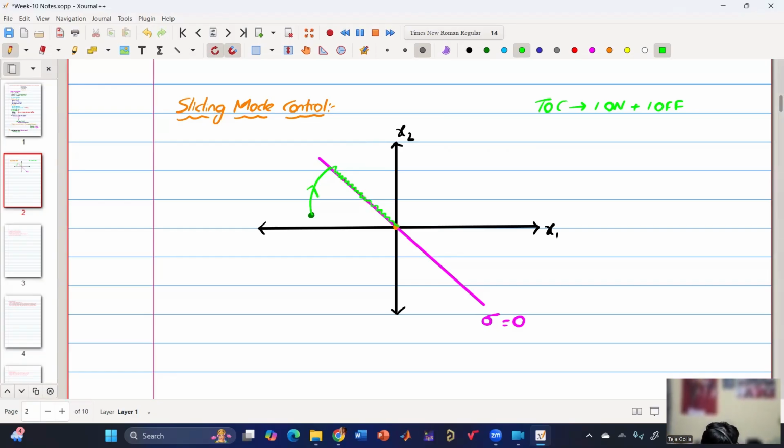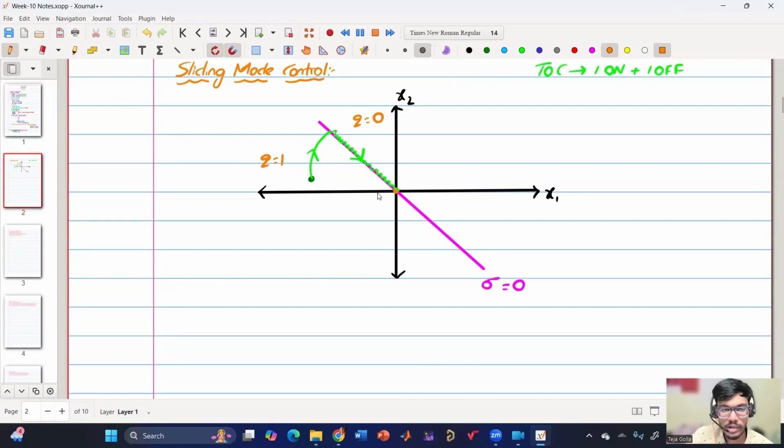So this is the direction. I can say that this side of the region is q equals 1 and this side of the region is q equals 0. When q equals 1, it hits and goes to the other side of the line, and when it is off, it comes back to this side, and it is happening infinitely fast, so that it is as if it is sliding on the surface.